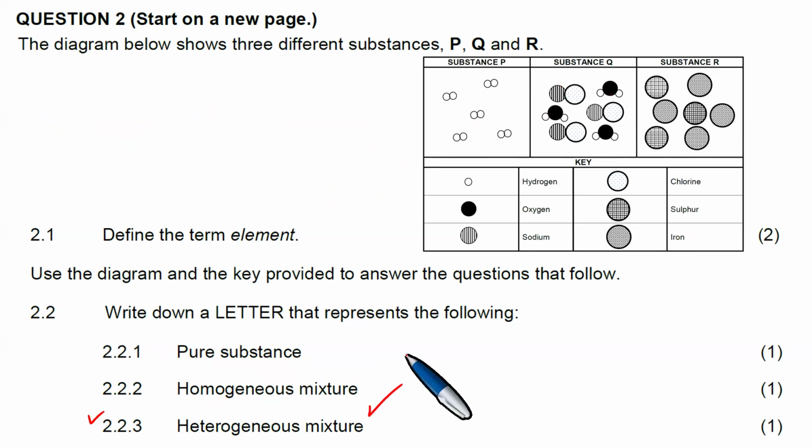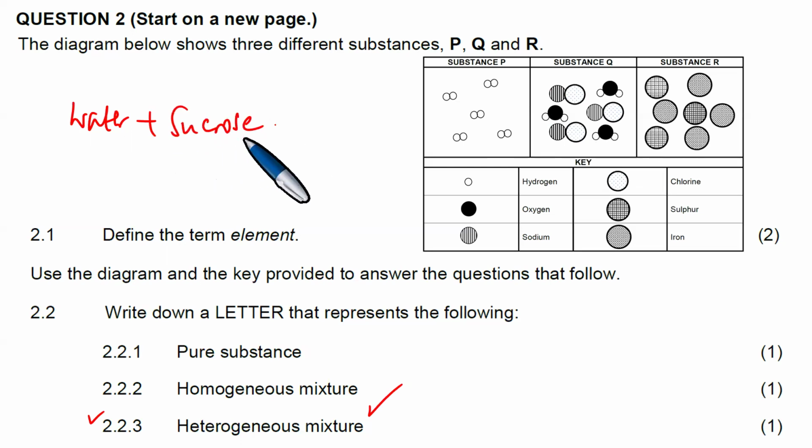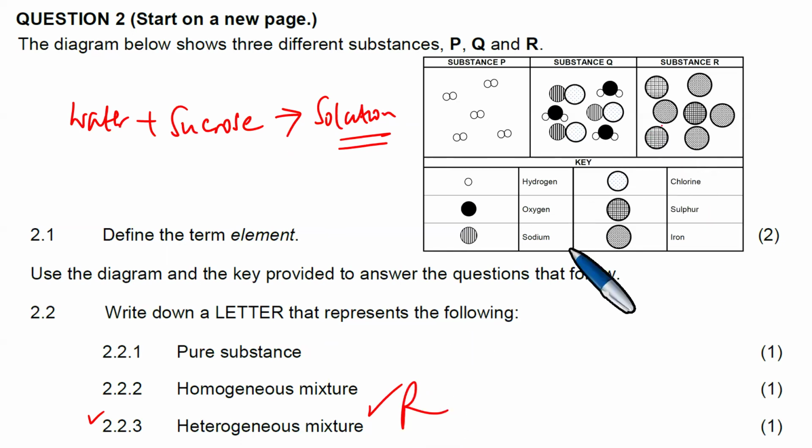Here, this one is not just mixing two things, but mixing too many. It's not just water plus sucrose, table sugar, where you get a solution. It is heterogeneous. So obviously at this point, that's going to be clearly letter R. In letter R, we are combining too many things.